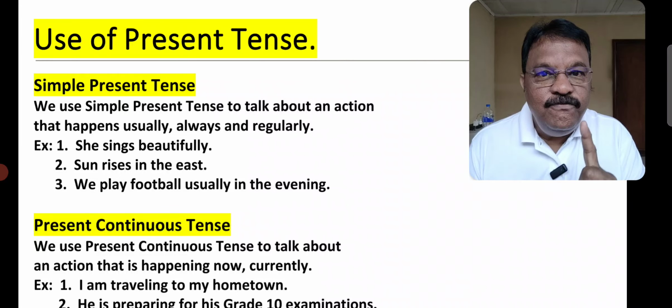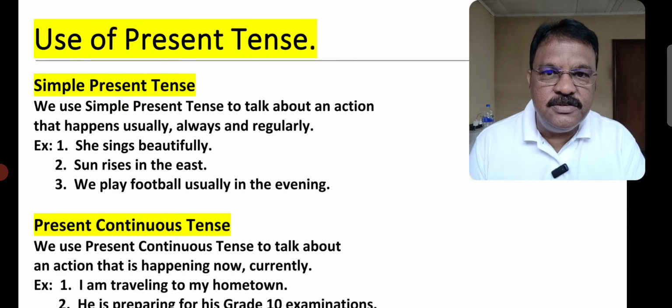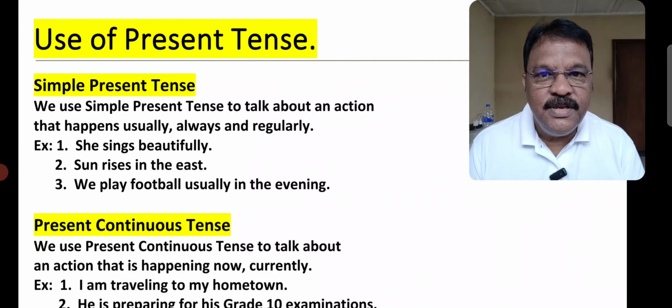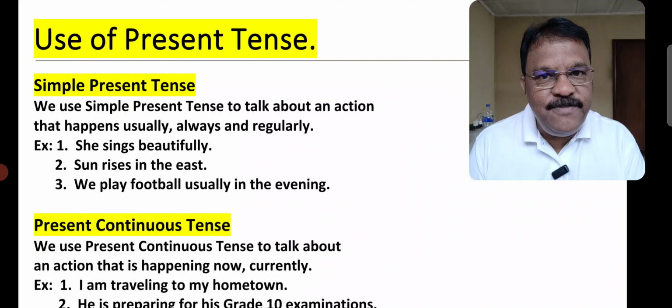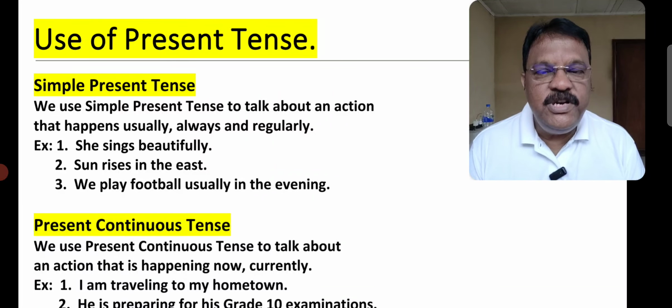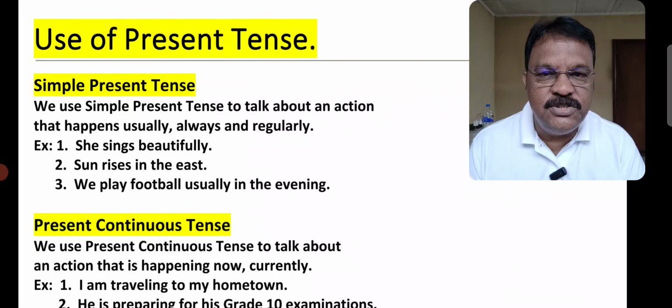But without a verb, you cannot construct a sentence. Whether you speak or write, you need a verb to produce a sentence. Verb is the one that gives life to your sentence. Got it? Very good. So, verb is the one that talks about the action, the original action done by the subject of your sentence. You got it?